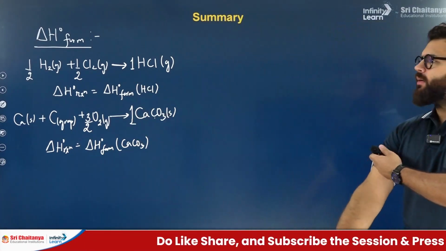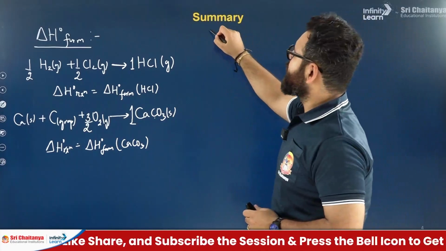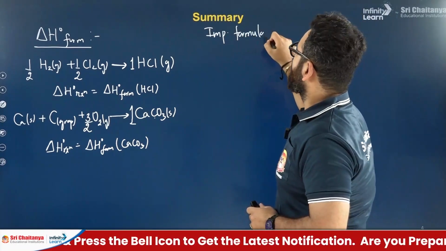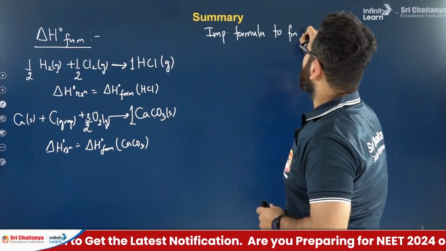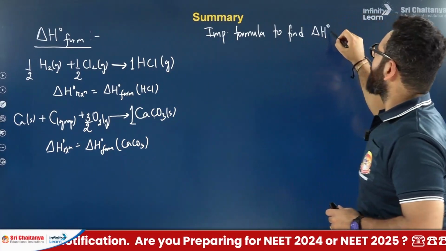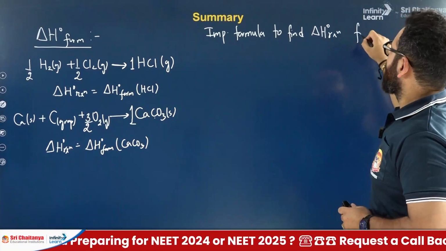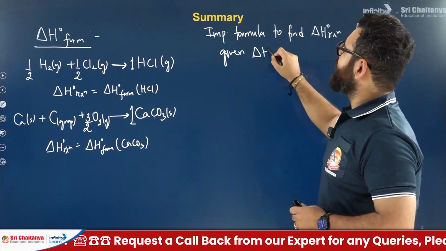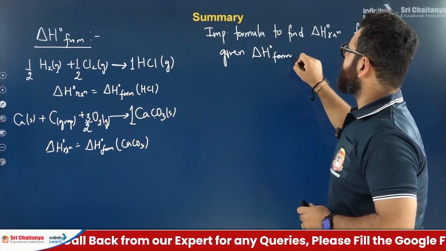Right? Now comes, what is the important formula that we have to remember to find delta H of any reaction from given values of delta H formations?